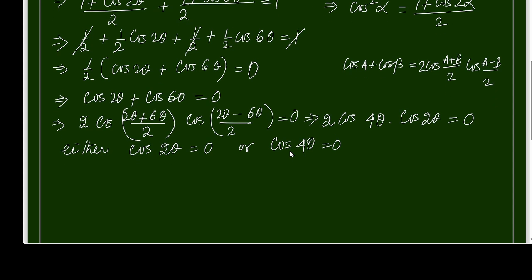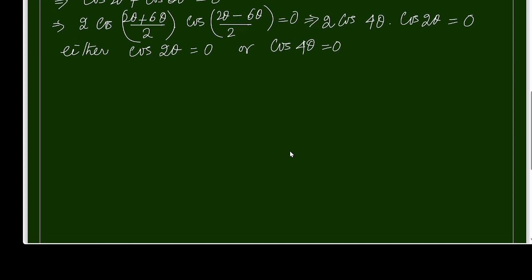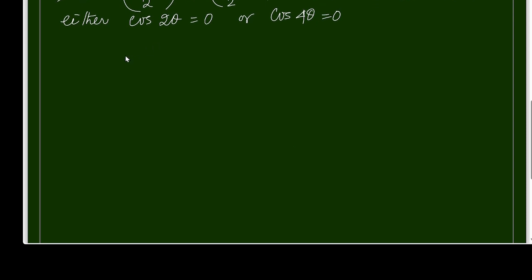To solve it, we have to take care of this interval: θ is 0 to π. So cos 2θ is 0.